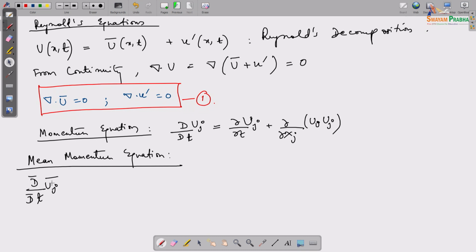See how that is different from the momentum equation.